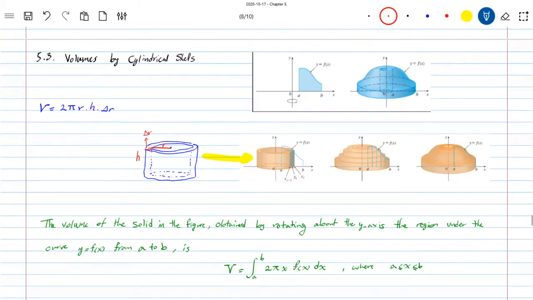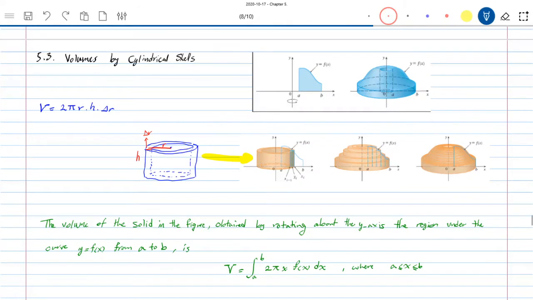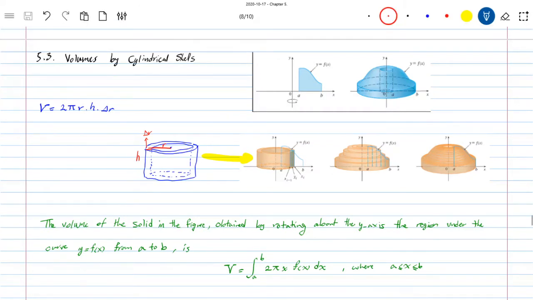The thinner that shell is, the more accurate our estimation will become for the volume. If you have such a shape, the volume is simply the area on top multiplied by the height. And the area on top is the circumference multiplied by the thickness, which is delta r.